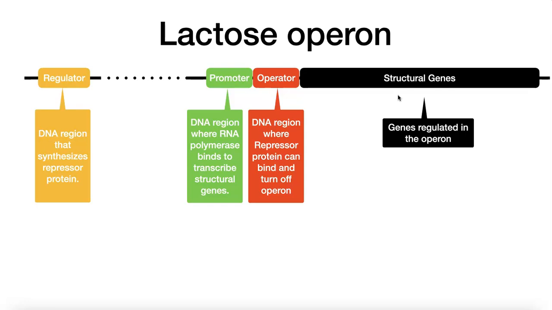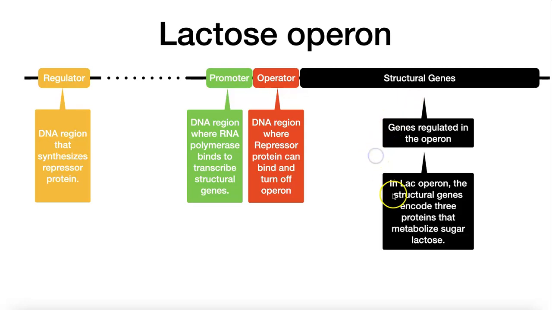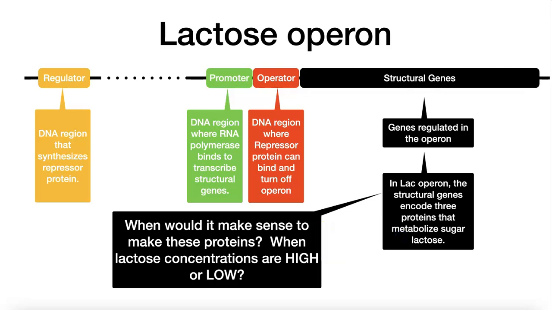When these proteins are made in the lactose operon, there are three genes here that are used to metabolize or break down lactose, the sugar. So here's a question. When would it make sense to make these proteins to metabolize lactose?